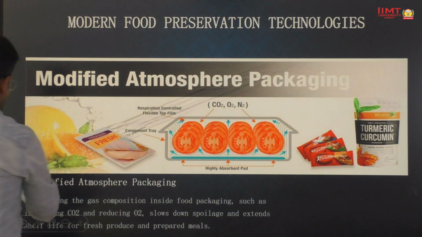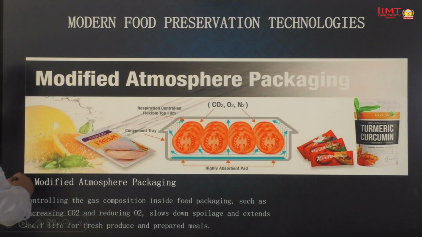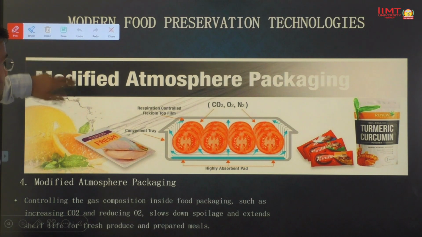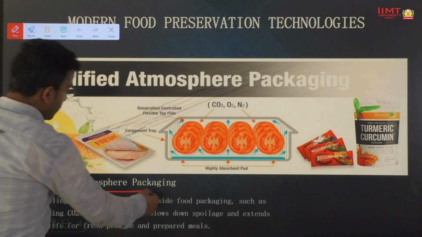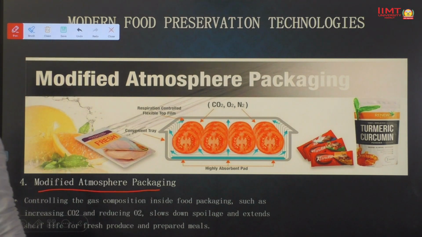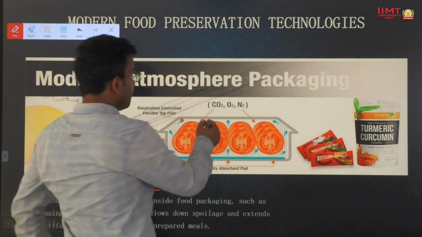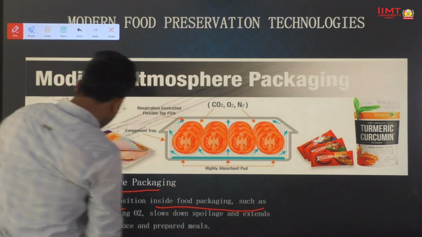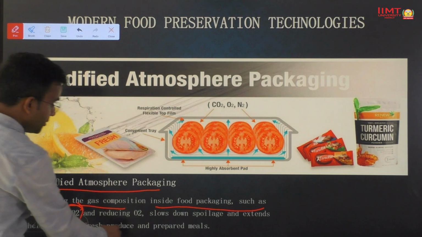The next point is modified packaging, also a technique for food preservation. It is MAP, modified atmosphere packaging, in which we control the gas composition inside food packaging, such as adding CO2 and reducing the oxygen.